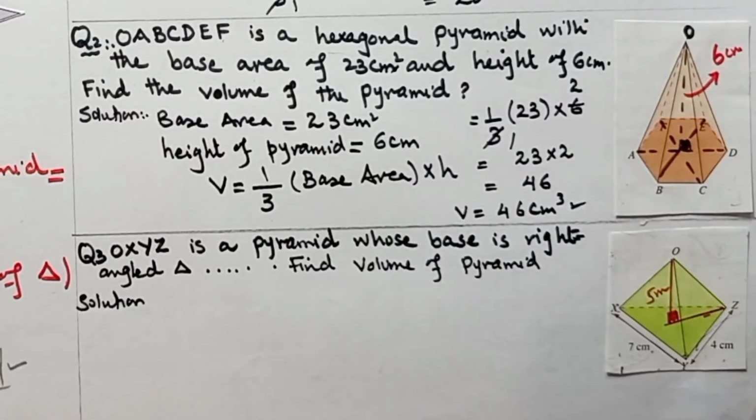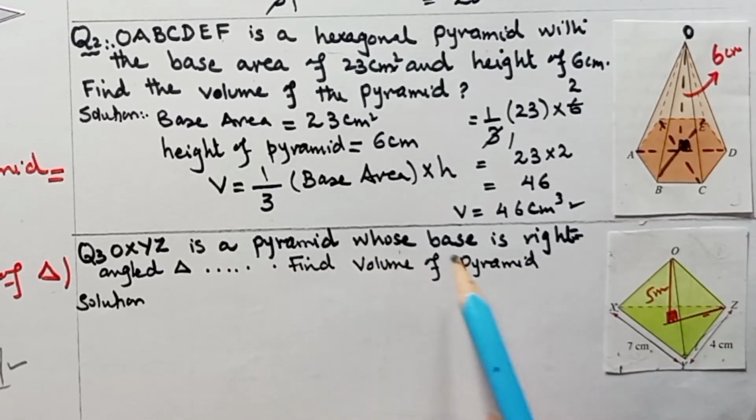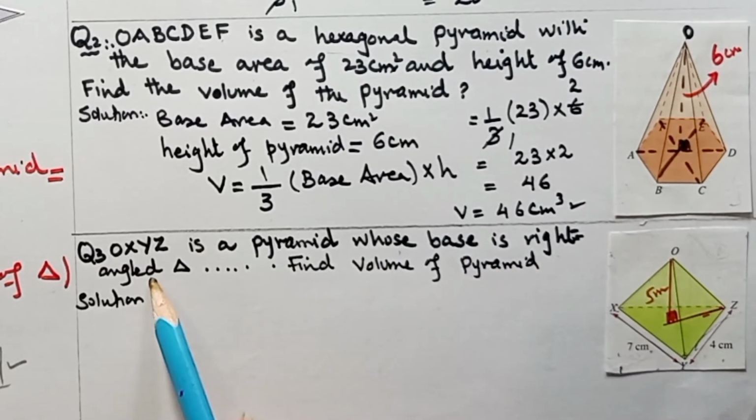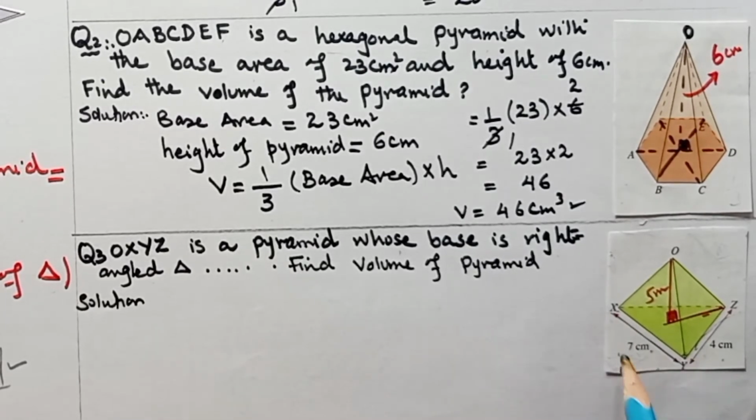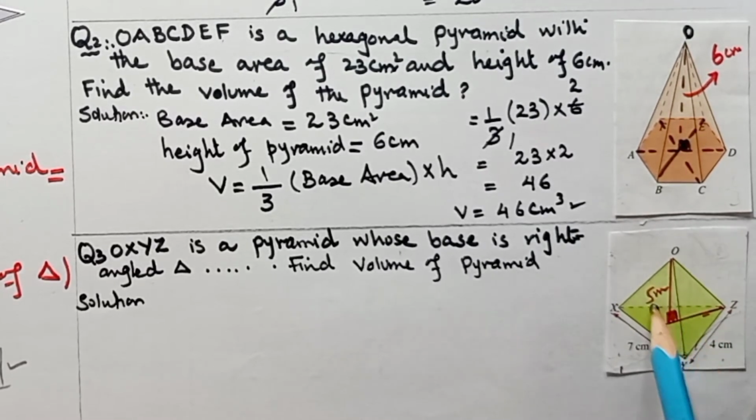Question 3 says OXYZ is a pyramid whose base is a right angle triangle where XY is 7 centimeter and YZ is 4 centimeter. Given that the height of pyramid is 5 centimeter, find the volume.